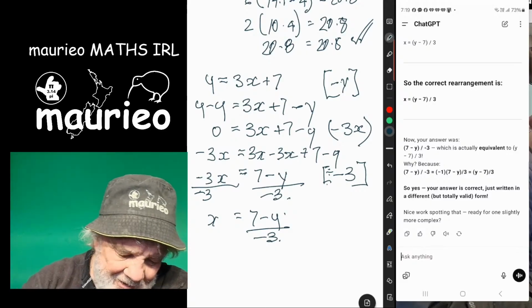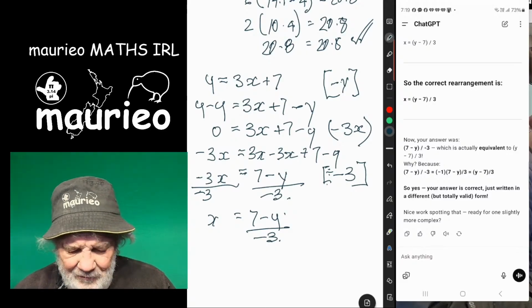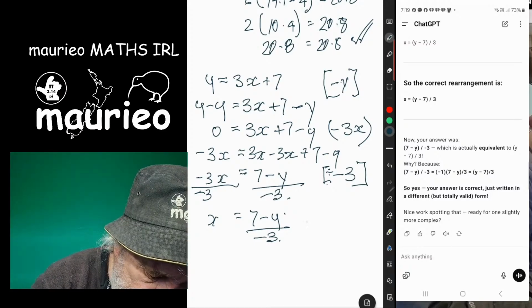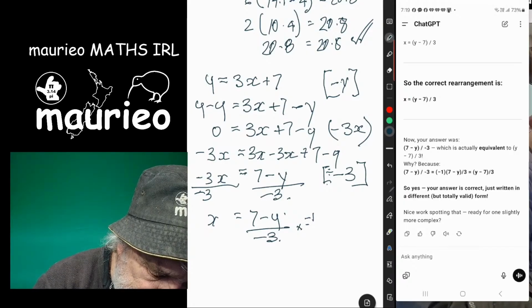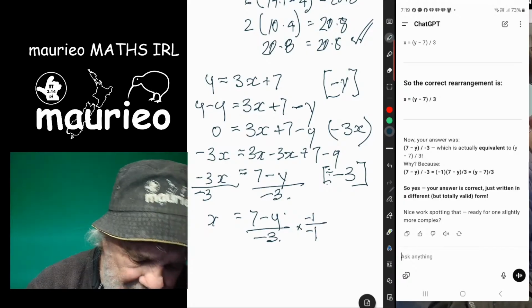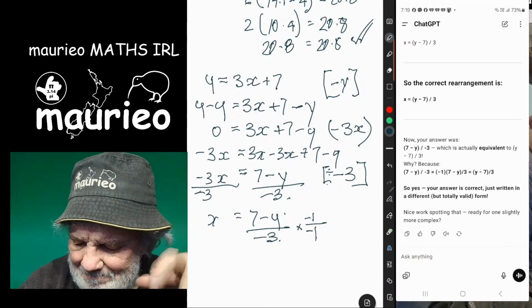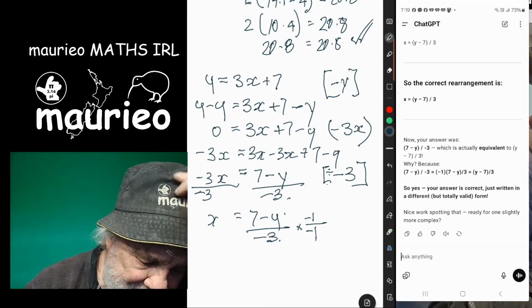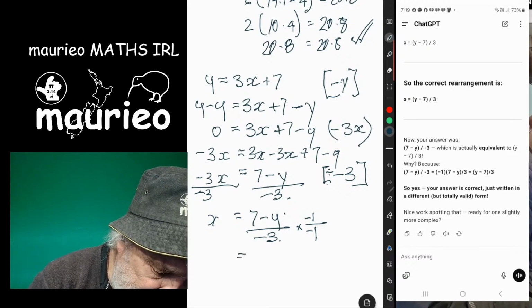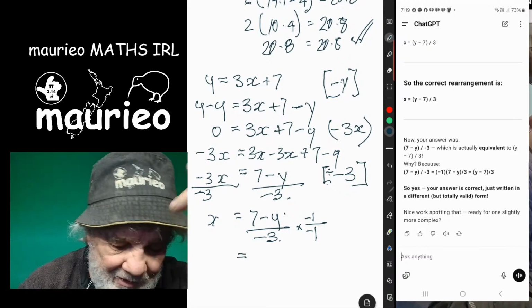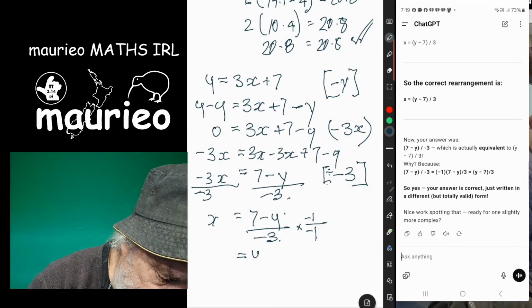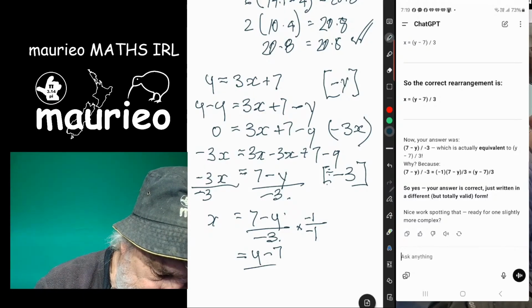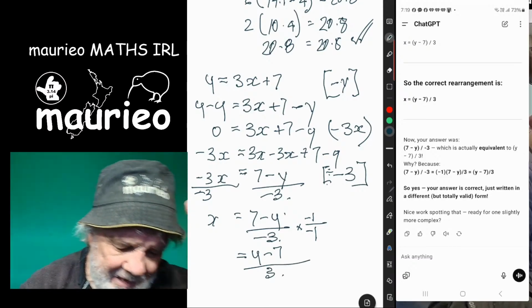So what we can do here, if we multiplied that by negative 1 over negative 1, that's the same as not doing anything, it's not changing anything, because negative 1 divided by negative 1 is 1. So if we do that, we get y minus 7 over 3.